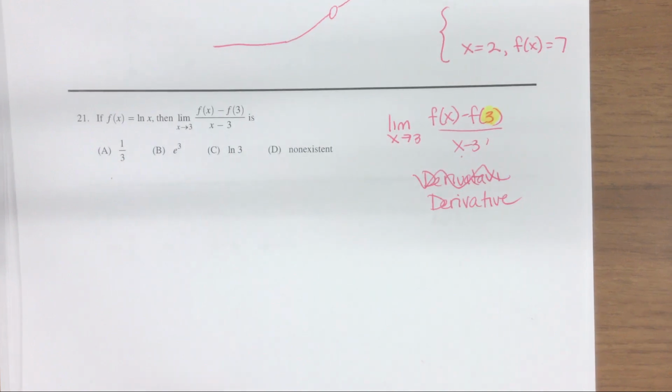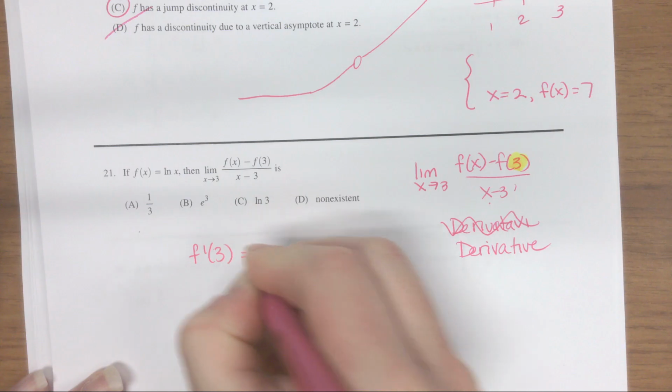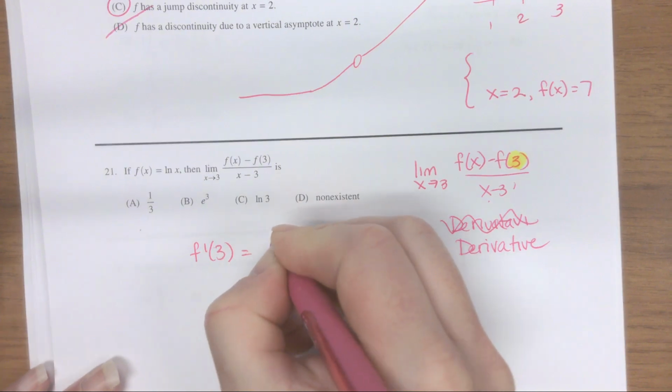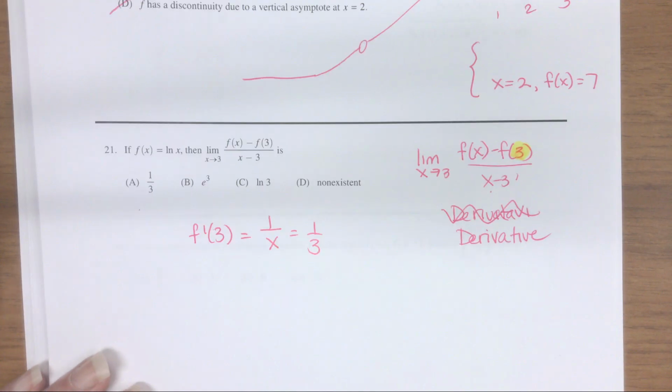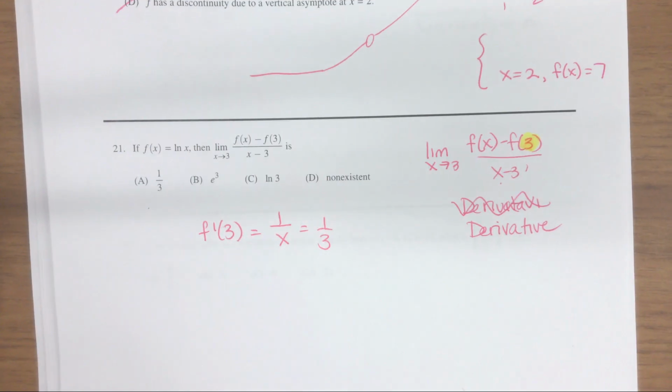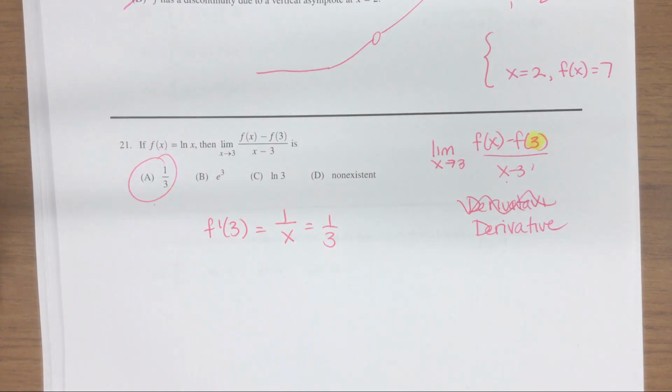What was the function? ln. So I need to find its derivative and plug in 3. And what's the derivative of ln? 1 over x. So it should just be 1/3. It should have been A. Okay. Aaron, you're up.